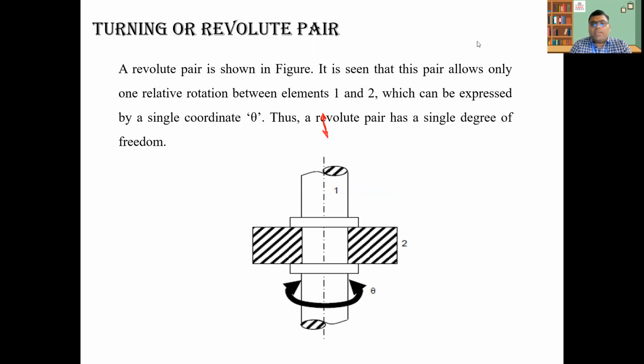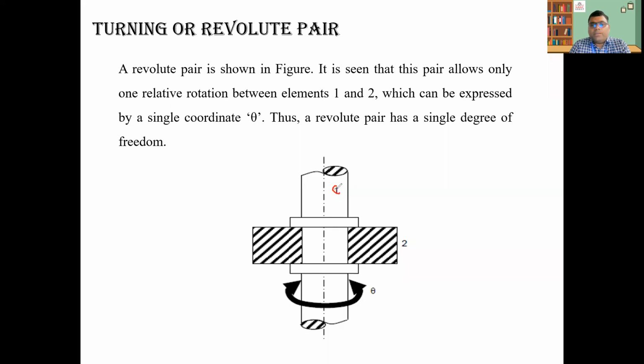So let us see the next one. The next pair is the turning pair or revolute pair. This pair allows only relative rotation between element 1 and element 2.